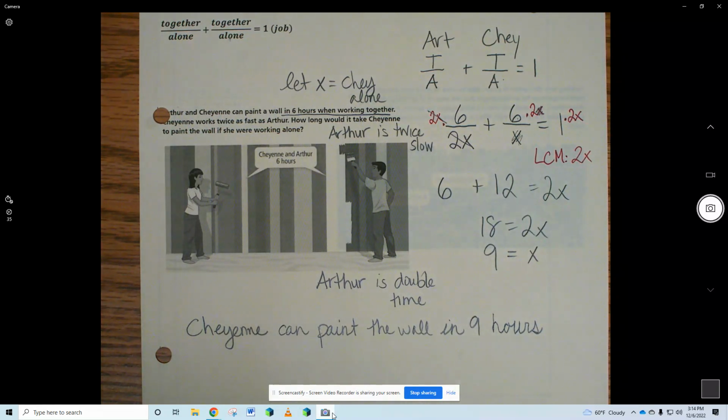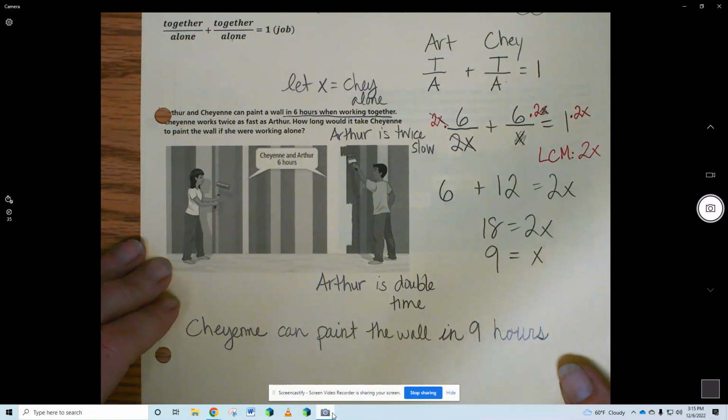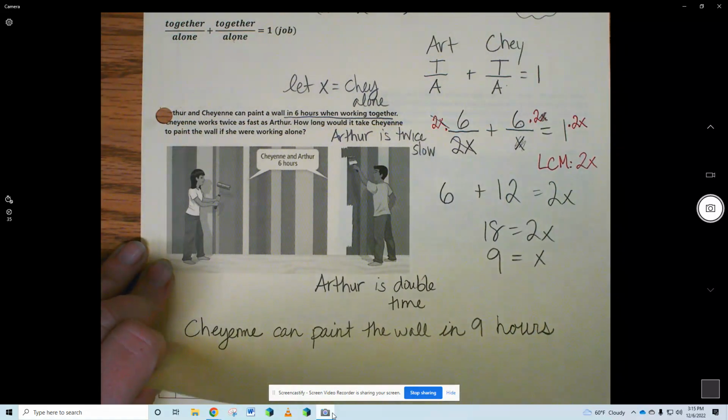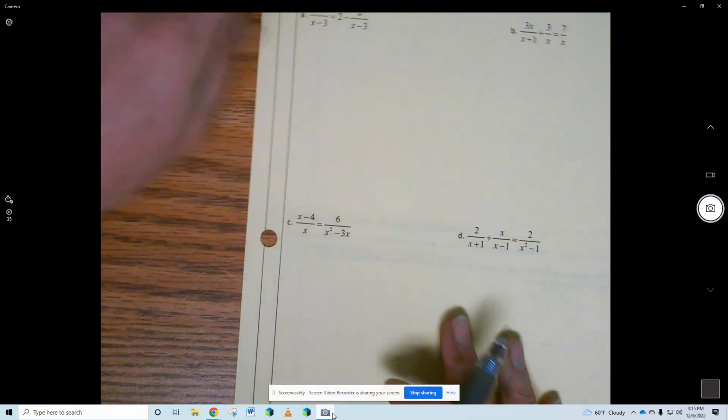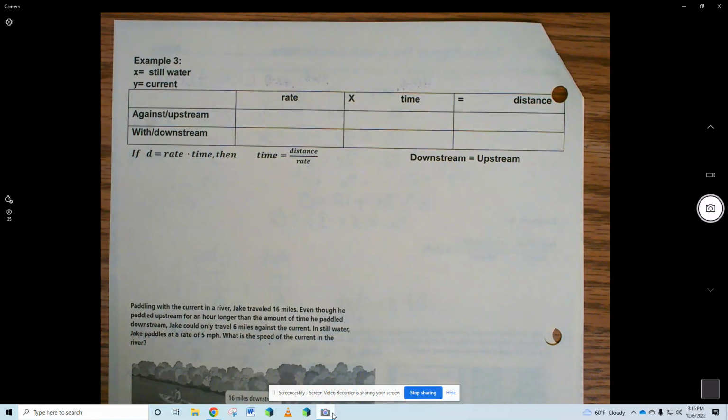And that's that. Okay. I'm going to turn the page. All right.